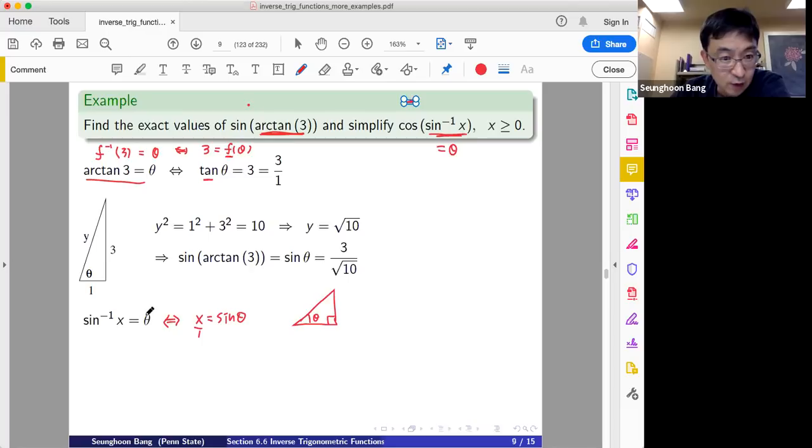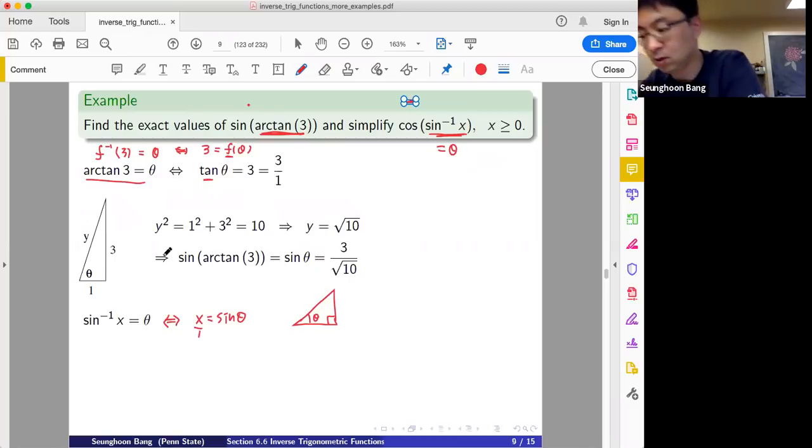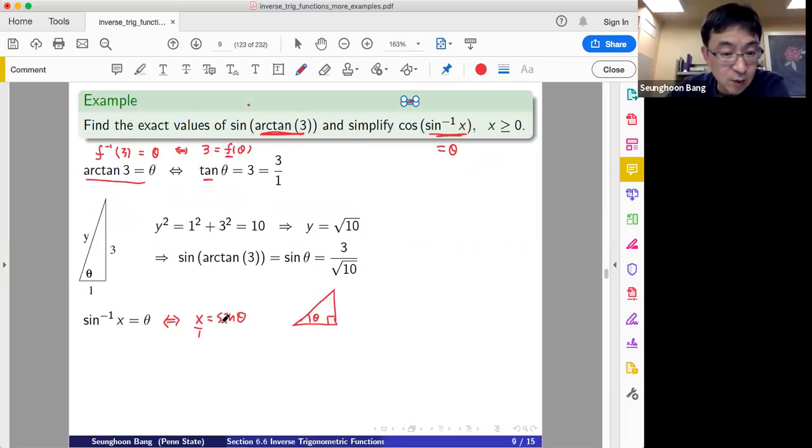Next, going back to the inverse sine function again, it is similar. The inverse sine of x is an angle theta we don't know yet, so you have to use the same relation. Here x over 1 equals sine theta. Find the adjacent side by using the Pythagorean theorem: y squared plus x squared equals 1 squared.